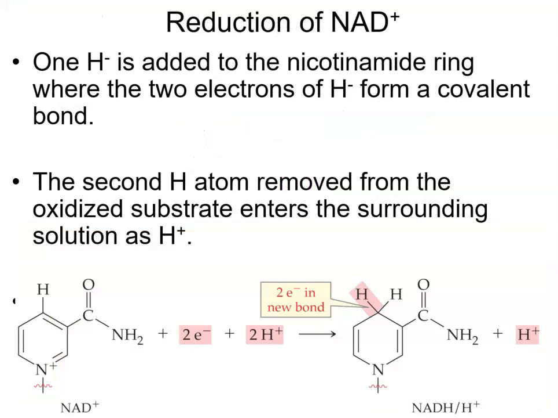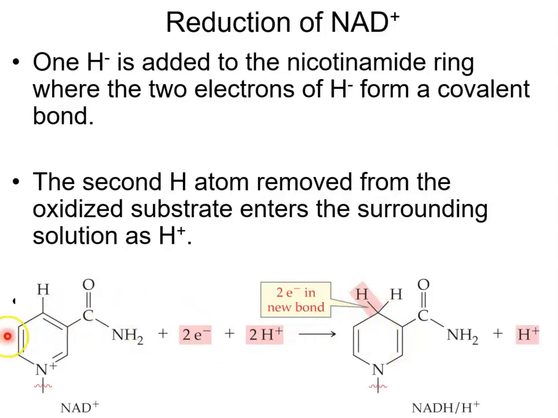I just want to show you the exact location. So this is the chemical structure of NAD+. We have this nitrogen-bearing ring here, an aromatic ring with an amide functional group on the end. What we actually do is take 2 electrons here, and these 2 electrons will interact with 2 hydrogen ions, and we're going to add one of the 2 electrons into this bond.